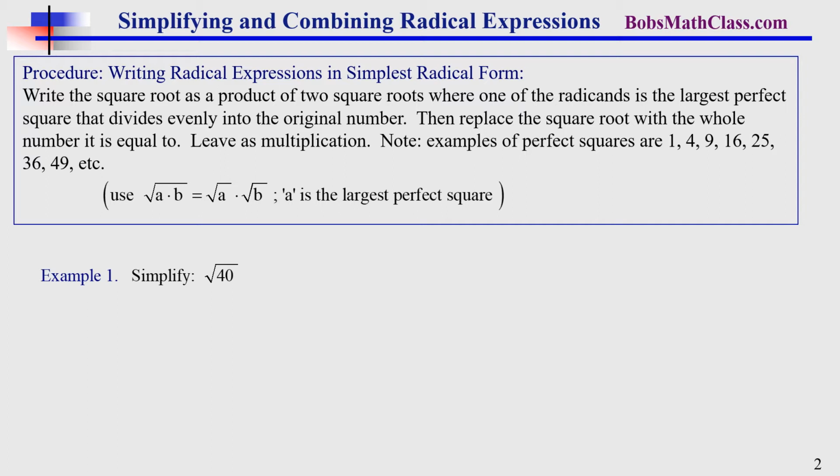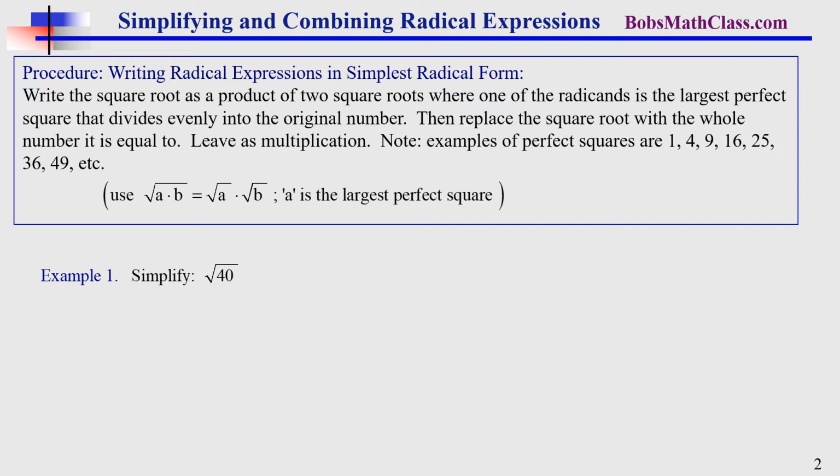Okay, so here's our procedure. Write the square root as a product of two square roots where one of the radicands is the largest perfect square that divides evenly into the original number. Then replace the square root with the whole number it is equal to. Leave as multiplication.